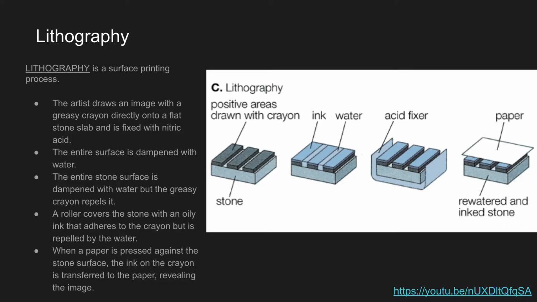The entire stone surface is dampened with water, but the greasy crayon repels it. A roller covers the stone with an oily ink that adheres to the crayon, but it is repelled by the water. When a paper is pressed against the stone surface, the ink on the crayon is transferred to the paper, revealing the image. I know that sounds complicated because it is complicated, but I think I can describe it to you.